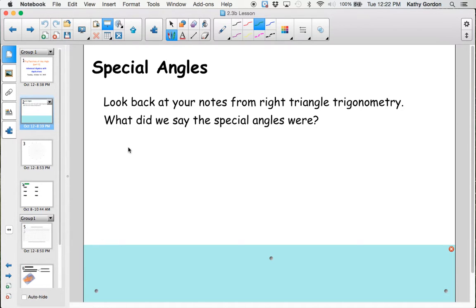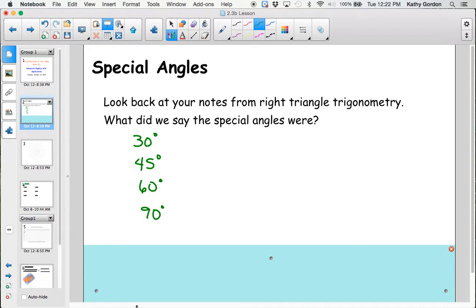And so in order, we've got the 30 degrees, the 45 degrees, the 60 degrees, and then actually 90 degrees is also a special angle. We didn't really figure out the trig for it when we were talking about right triangles, because we could only figure out the trig for the acute angles in a right triangle. But 90 is actually one of the special angles. And so we're going to add that to our list here.